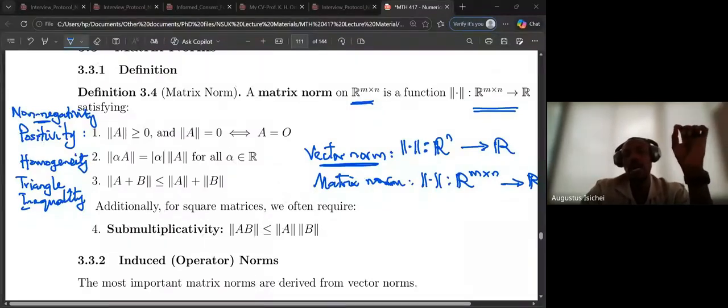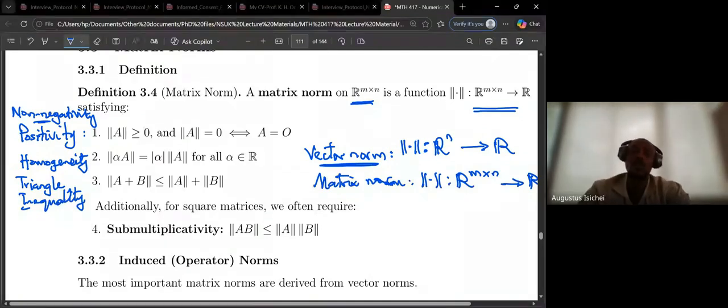But there's one additional property for matrix norms, especially for square matrices. We often require another property called submultiplicity. Submultiplicity is a compound word.